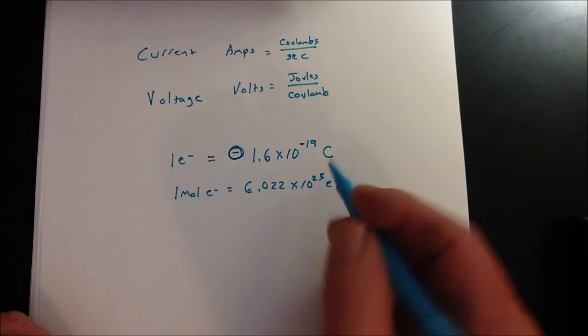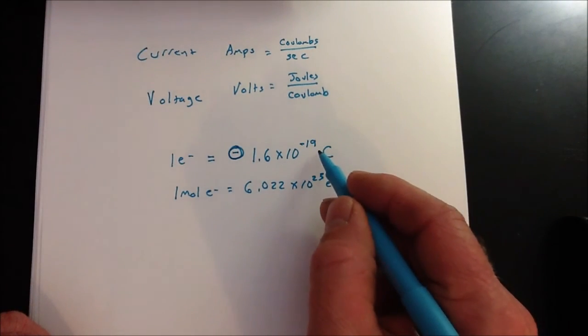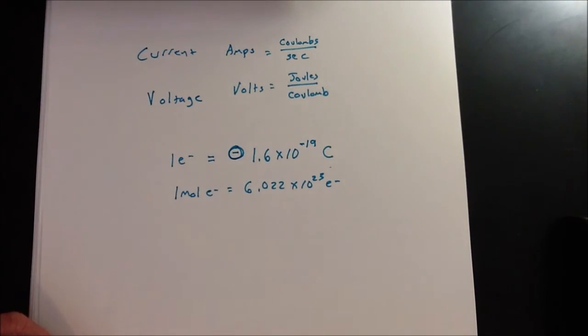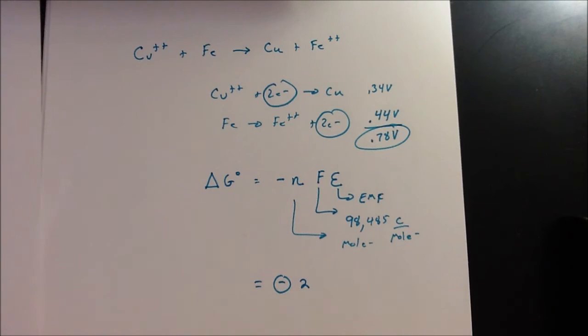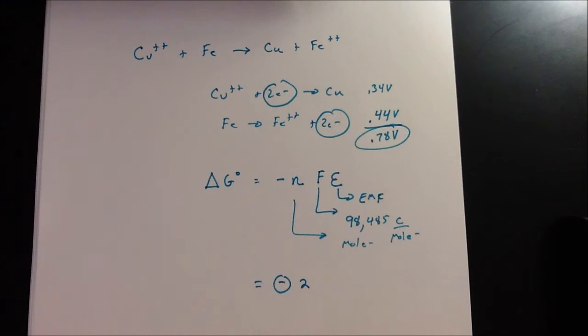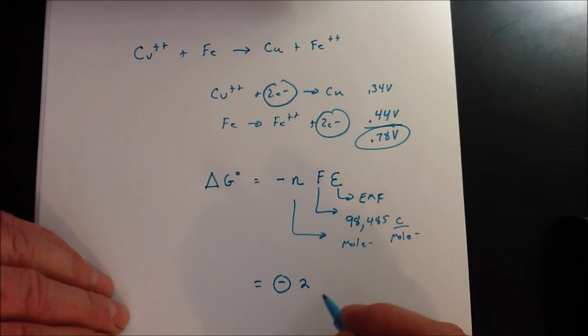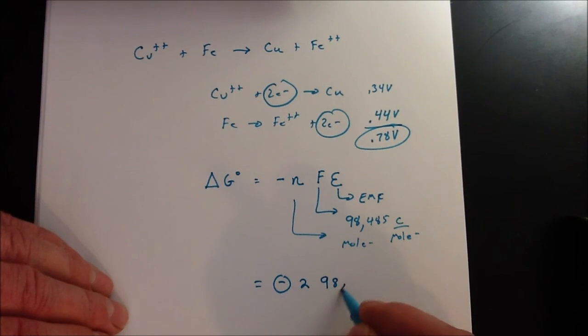He combined these terms and came up with a coulomb per mole of electrons ratio, and that's where that value comes from. So there's 98,485 coulombs in every mole of electrons.